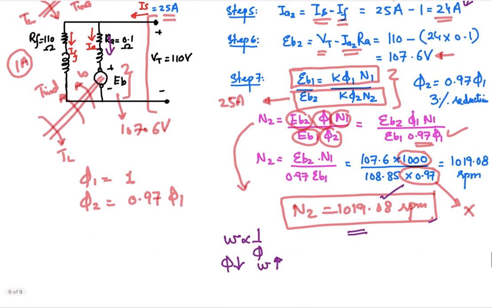So you can observe your speed is going to increase with the increase of the load, because the increase of the load is basically the increase in the armature current, and because of the armature current, the armature reaction is going to increase, and because of that there is flux weakening.